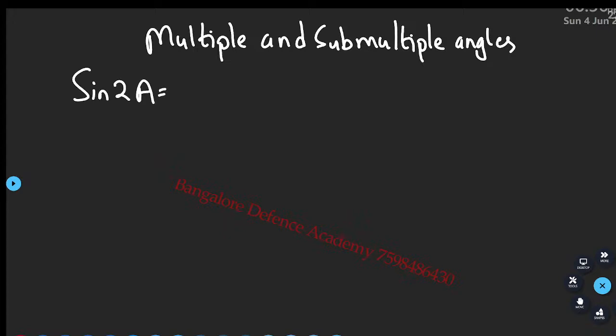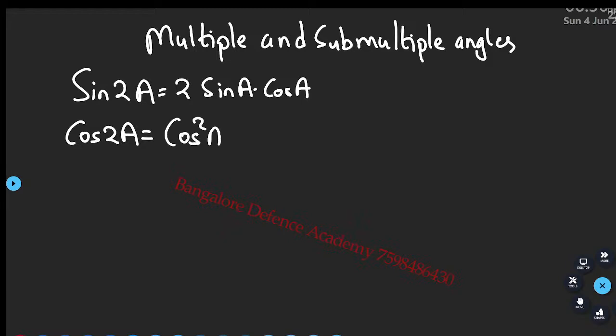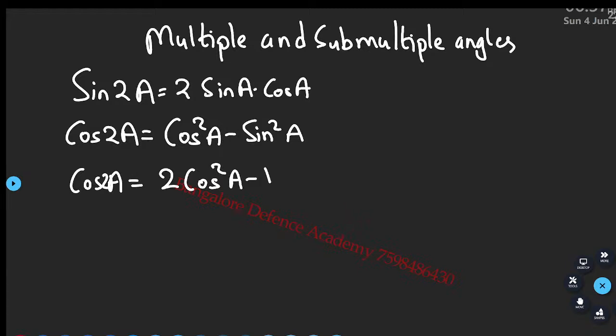sin 2A is equal to 2 sin A cos A. Next, cos 2A is equal to cos square A minus sin square A. Next, again, cos 2A is equal to 2 cos square A minus 1.